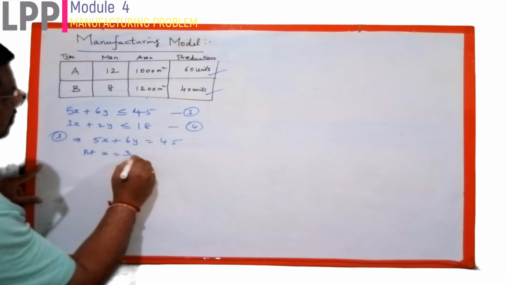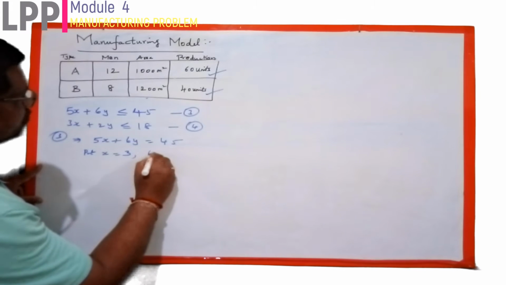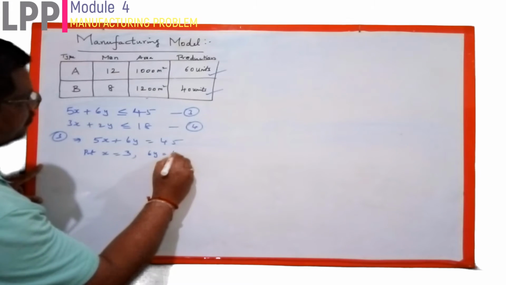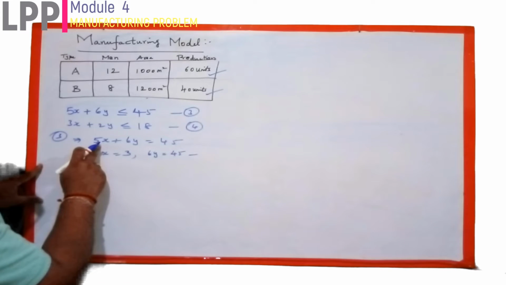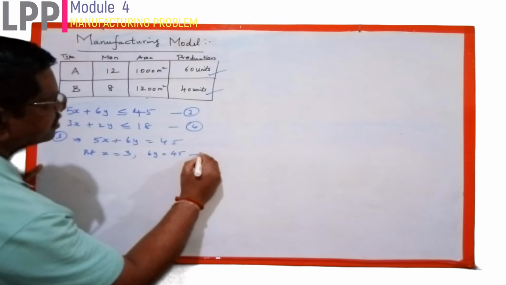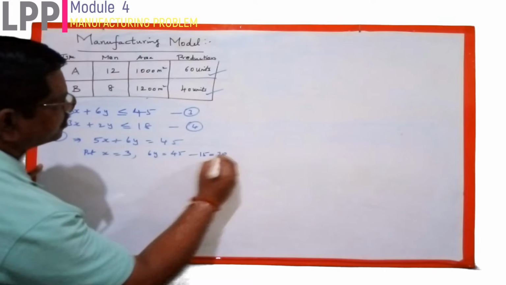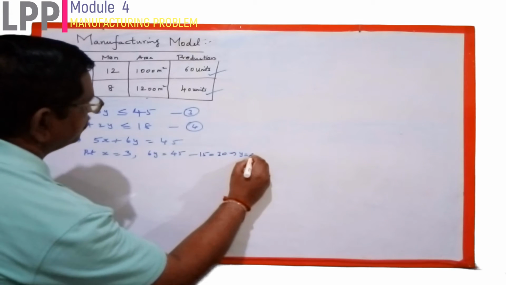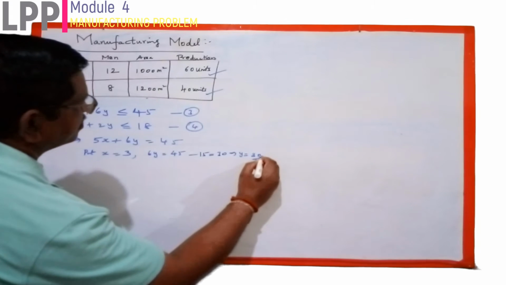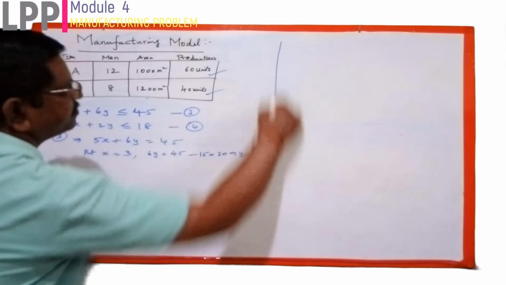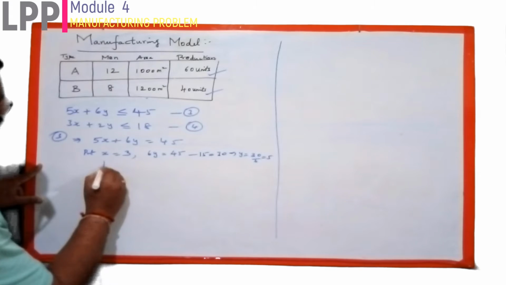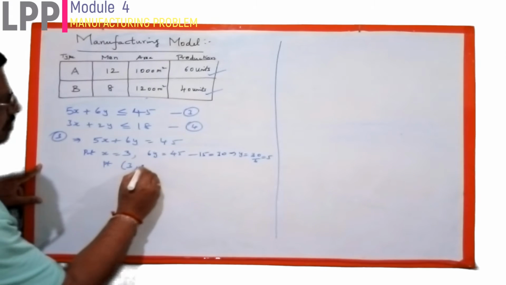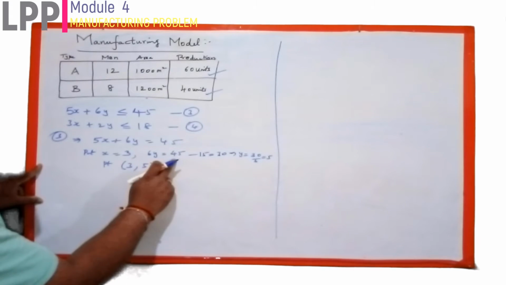So I take x value 3 here. Then 6y is equal to 45 minus 15, that is 30. So y is equal to 30 by 6, that is 5. Now the point is x value 3 and y value 5.